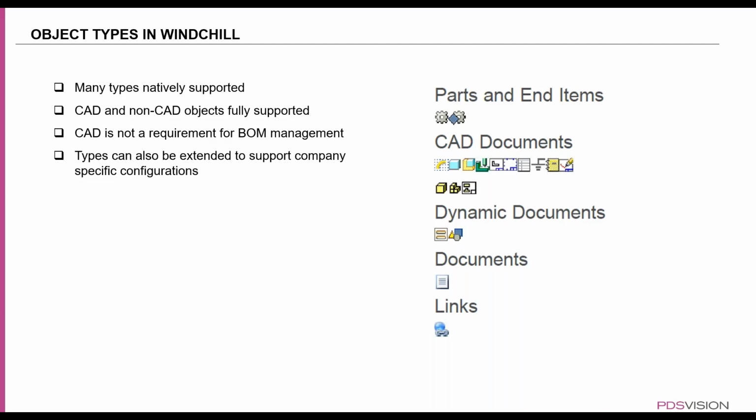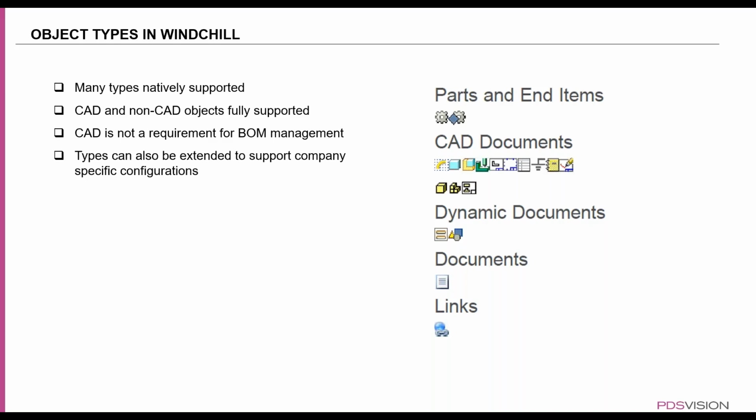So if you think about any object that you have and you want to store in the system, you can. You've got an exe file that is a software used on a certain component in your product. That exe, there's a way to actually store it in the system and link it to your product. Some of those things I'll show you in the system here.